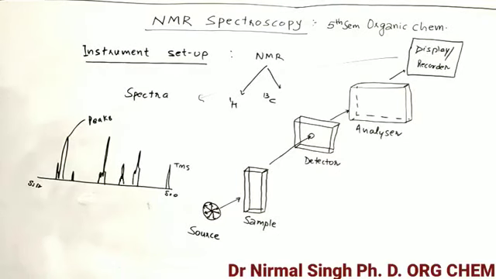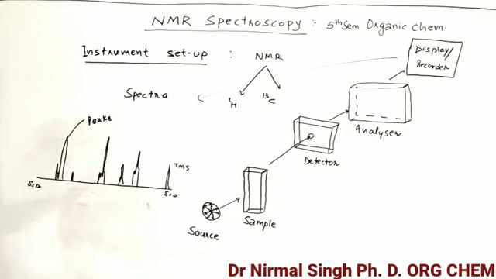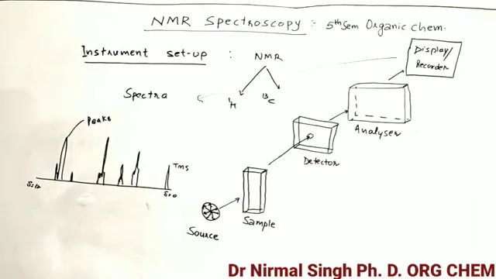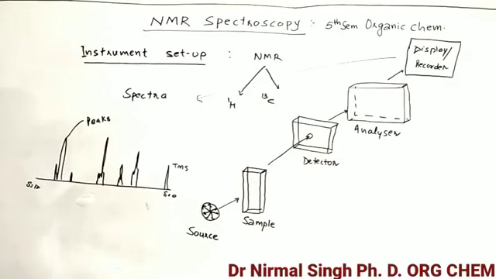Suppose an organic compound contains about 5 types of different, non-equivalent protons, so we get 5 peaks. In C13 NMR spectroscopy, you get various types of carbons. Suppose the organic compound contains about 7 types of non-equivalent carbons. We will get 7 peaks in C13 NMR spectroscopy.